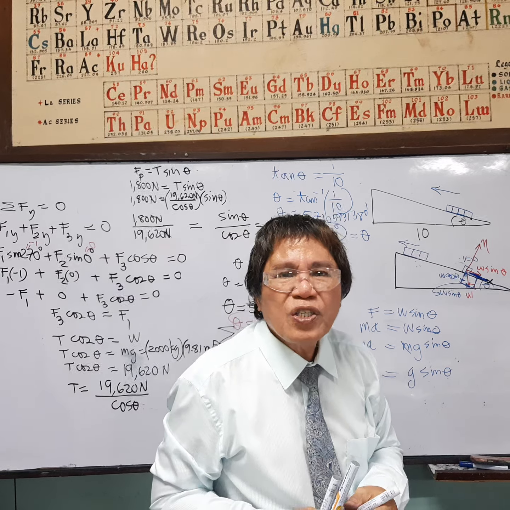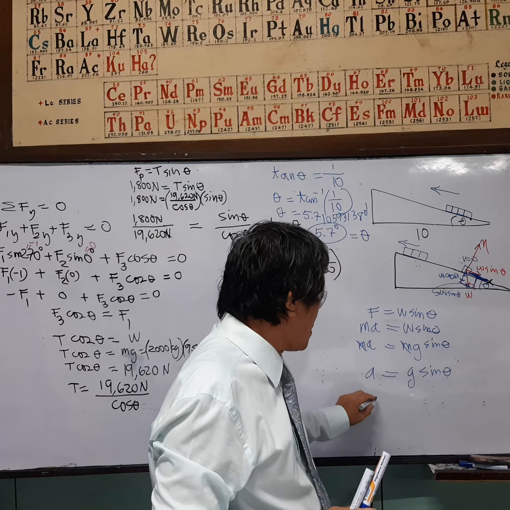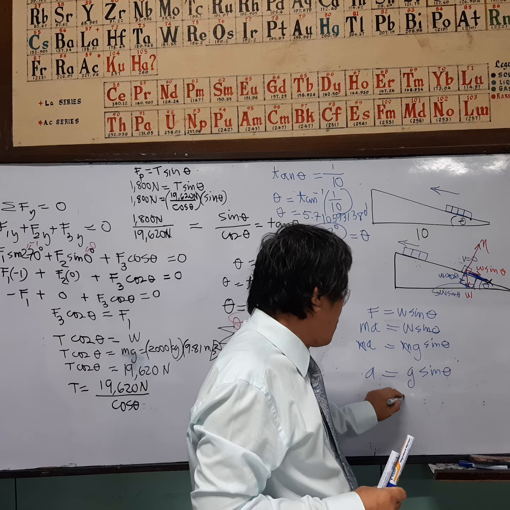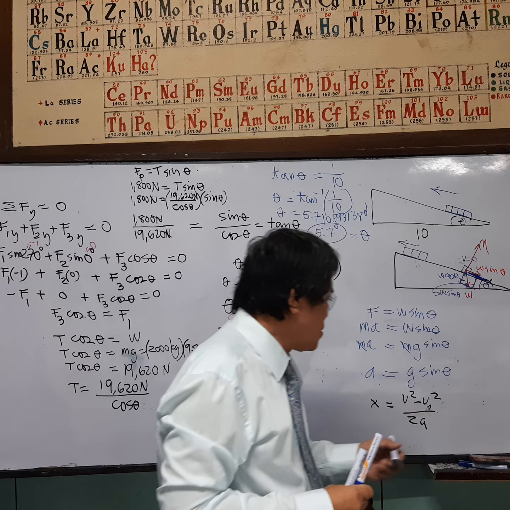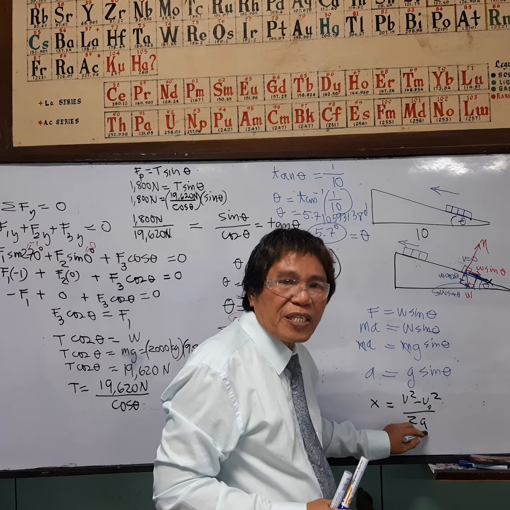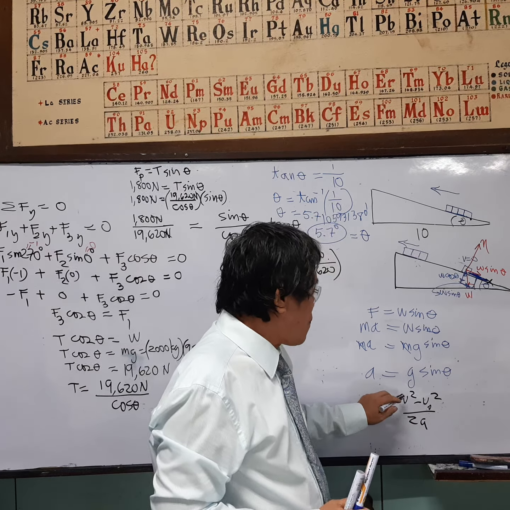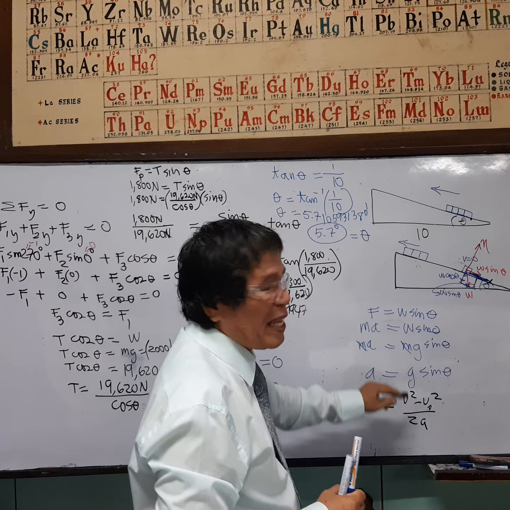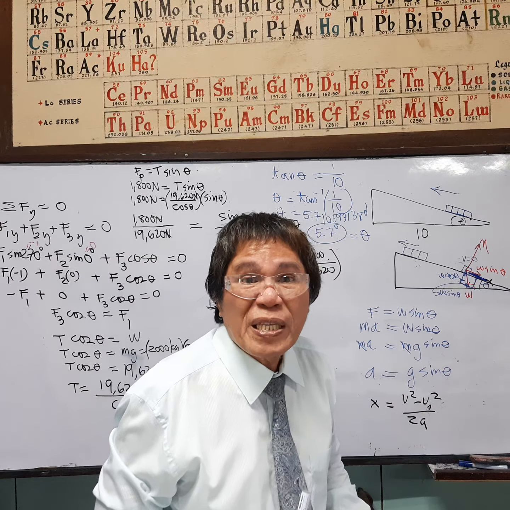So you are going to use several of our equations. You can use the equation x is equal to v squared minus v sub 0 squared over 2a. Acceleration is given; it's a negative acceleration. Final speed is 0 because it will stop. Initial speed is 50 kilometers per hour; convert that to meters per second.